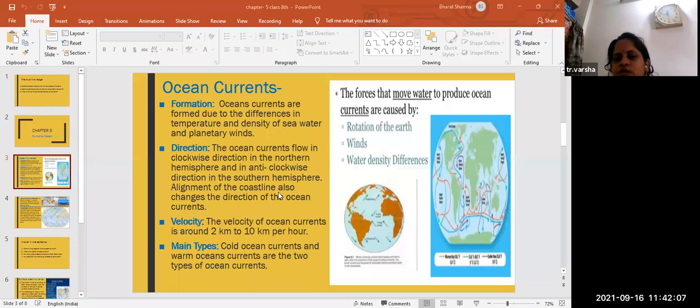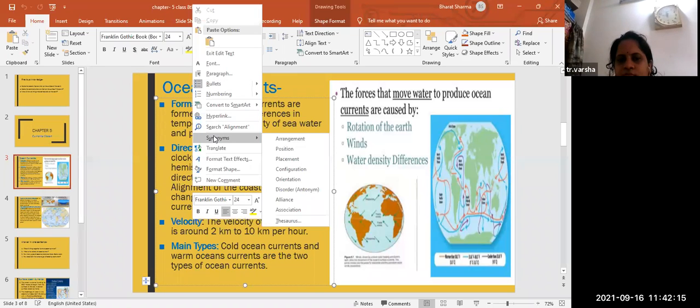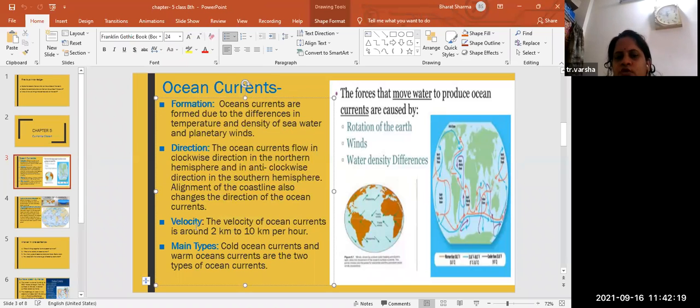Elements of coastal lines also change the direction of the ocean currents. What is element? Position. Okay, the position of the coastline also changes the direction of the ocean currents. Earth keeps on rotating, right? And it rotates from west to east. So we cannot say which ocean is going to come or which coastal line is going to face first.